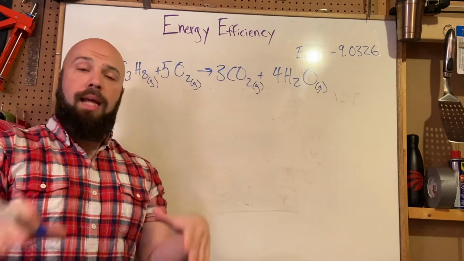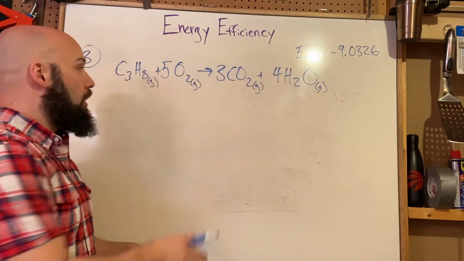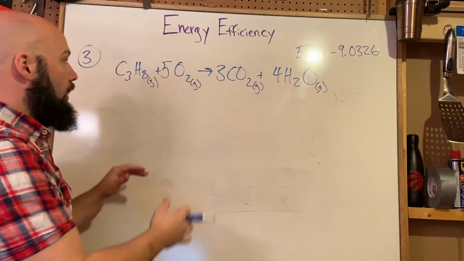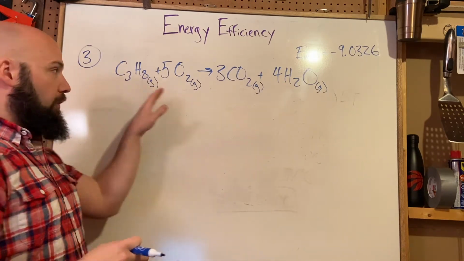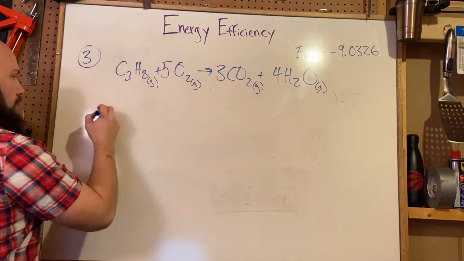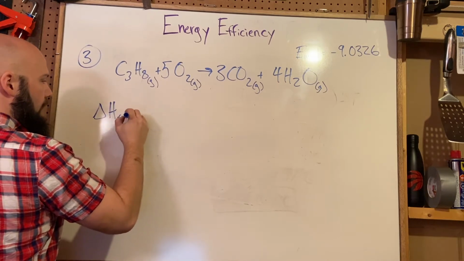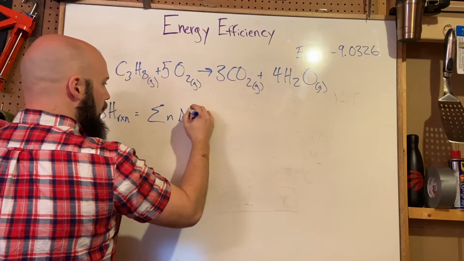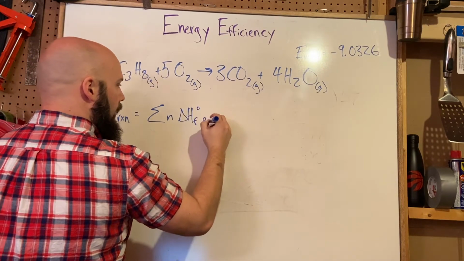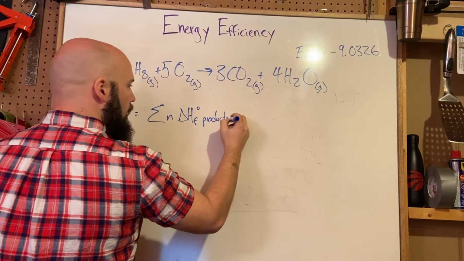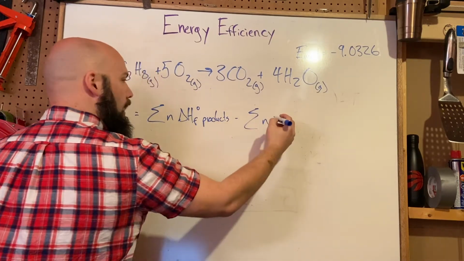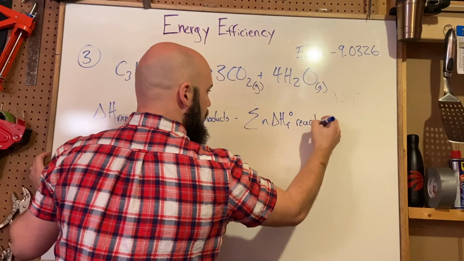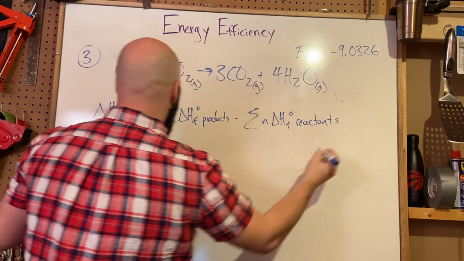because using this equation, we're going to use the standard molar enthalpies of formation for each compound to calculate the theoretical energy that would be produced from propane. So the delta H for this reaction is going to be the sum of the delta H f naught of our products minus the sum of our delta H f naught of our reactants.